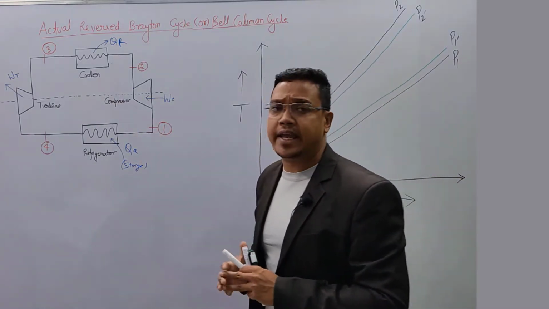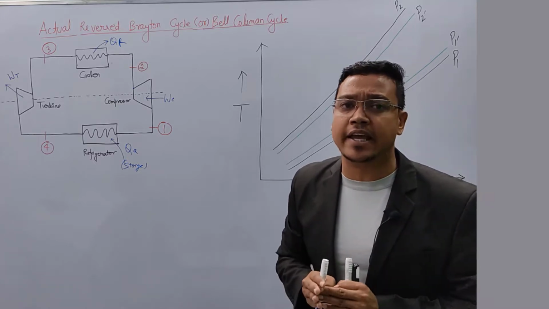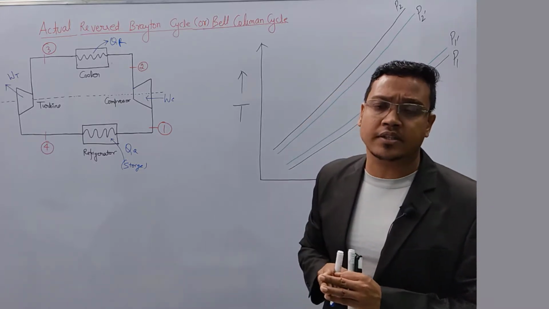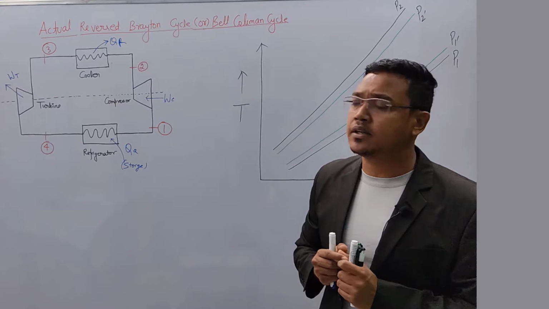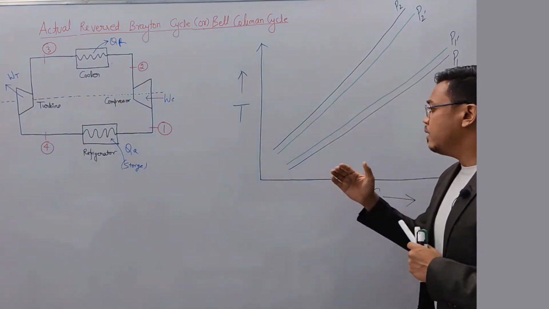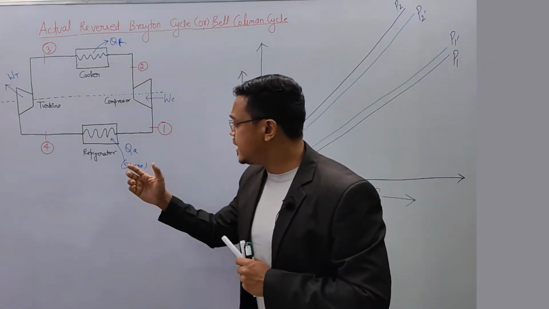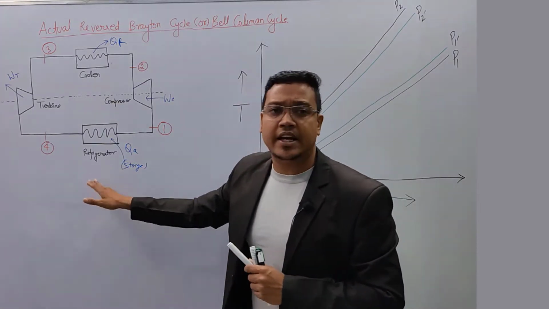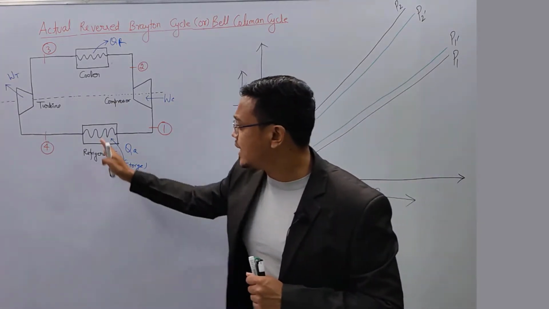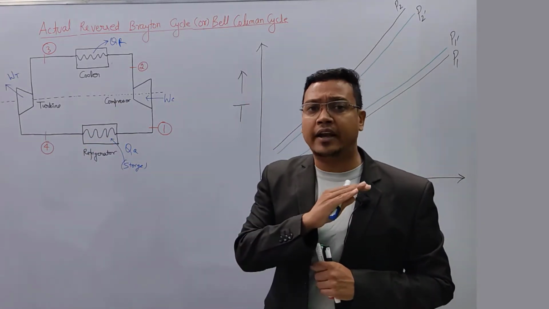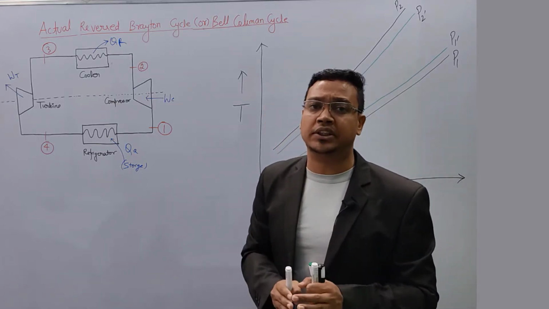But in the actual cycle, in the actual reverse Brayton cycle, there are some losses. Because of those losses, in the refrigerator, whatever heat was added at constant pressure will not be added at constant pressure.